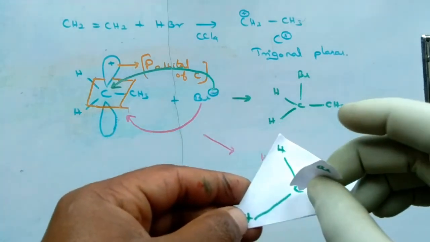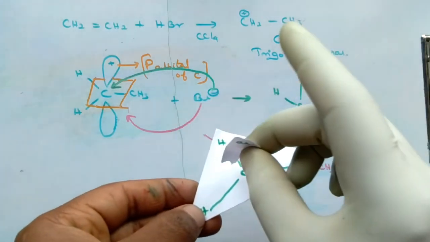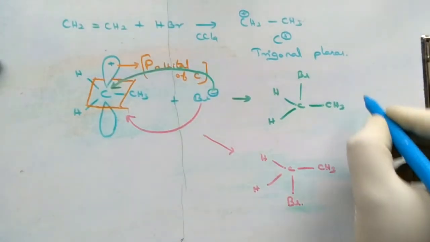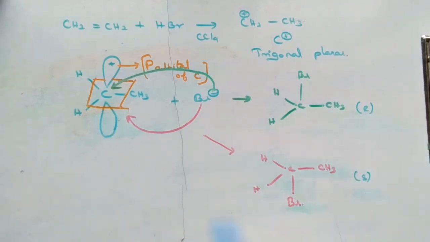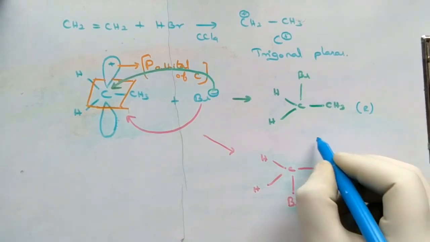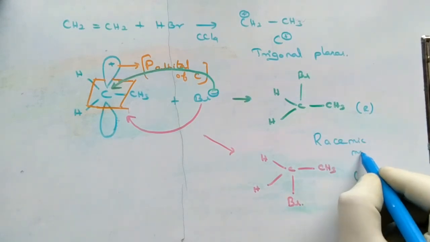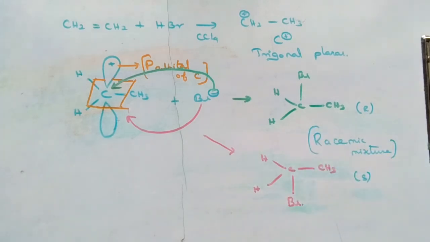The bromine will be above or below the plane based on the side it attacks. So this is R and S. Both are mirror images of each other. Due to that, they are called a racemic mixture. So the product of this reaction will be a racemic mixture.